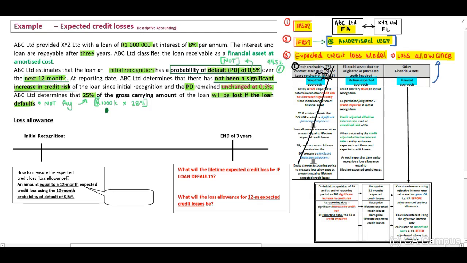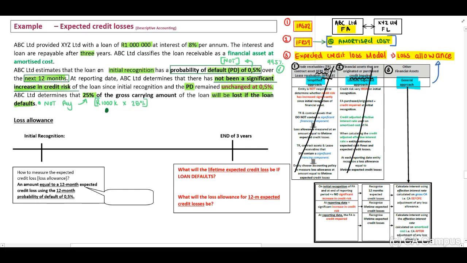Therefore, no, not within our simplified approach. Our next category is financial assets that are credit impaired. Guys, this loan, the probability of default is 0.5%. Therefore, no, this is not credit impaired. And this will fall within other financial assets within our general approach.